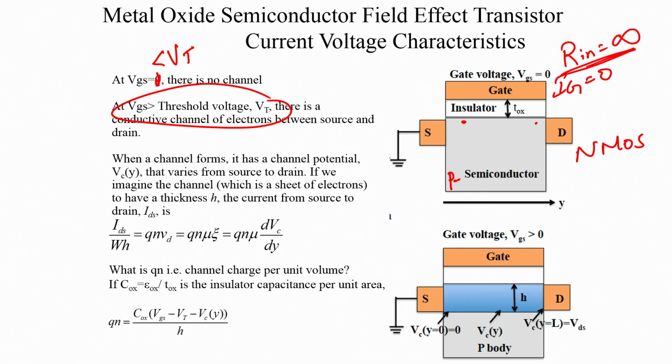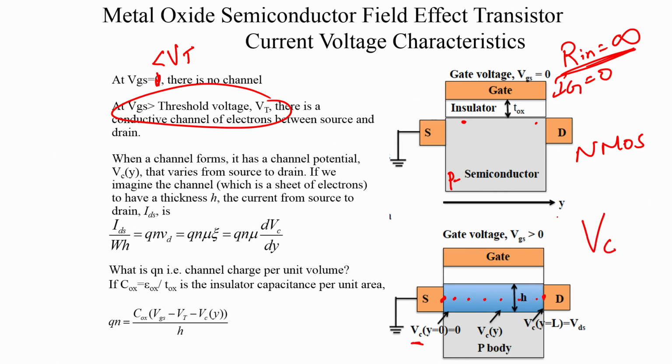If I were to take a voltmeter and head from the source to the drain, and measure the potential of the channel at every point, let us call that potential Vc, which is the channel potential.